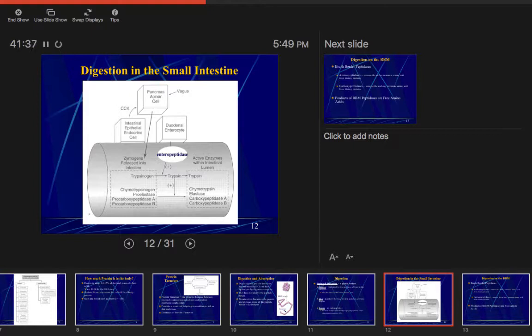So enteropeptidase activates trypsin, which activates additional zymogens, like chymotrypsinogen, proelastase, procarboxypeptidase A and B. And then look what happens to them. They become the active enzymes, chymotrypsin, elastase, and carboxypeptidase A and B. Now, all of these are proteases. So what's their target now? Dietary protein.